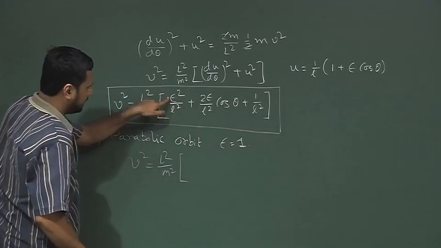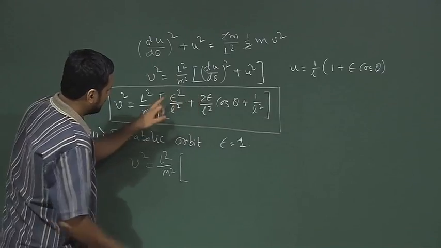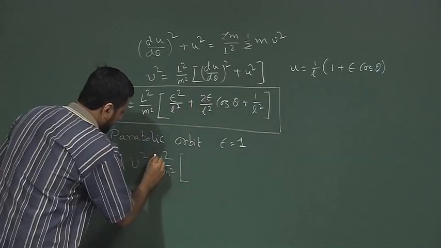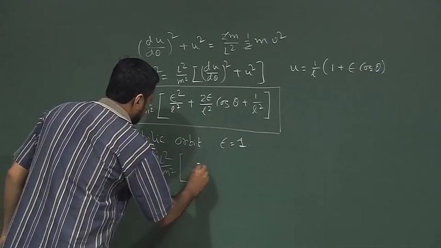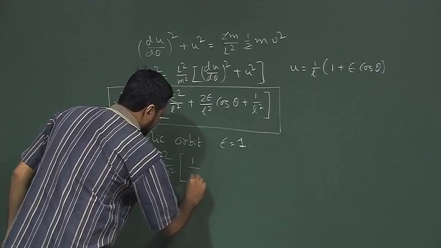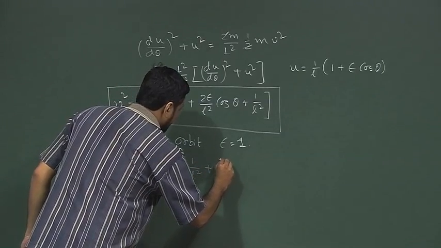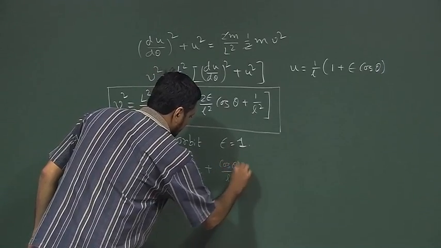If you put 1 here, these two expressions will look alike, and so they will add up to give you 2 by l². There is a 2 here, so that 2 will come out, and you see it reduces to 1/l² plus cos θ/l².